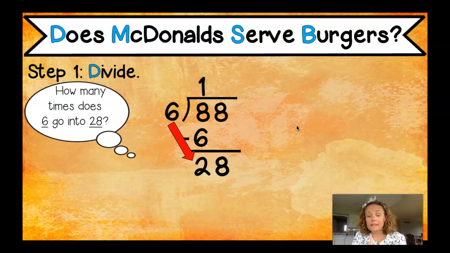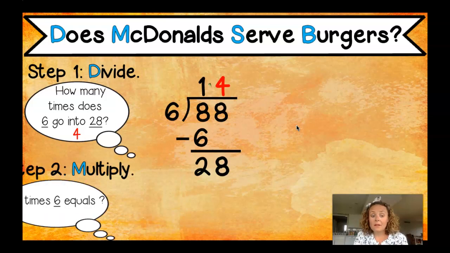We're starting the process all over again with the divide. How many 6s fit inside 28? Well, let me see. 2 6s would be 12. That fits. 3 6s would be 18. That fits. 4 6s would be 24. That fits. 5 6s would be 30. That doesn't fit. So I know it's 4. Okay, 4 6s in 28.